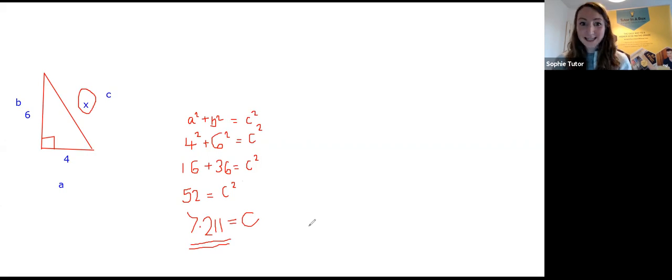That's the first step with Pythagoras in learning how to use your A, B and C's. We're now going to look at what happens if you have them in a slightly different order. So maybe you're given C and you want to work out A or B. What do you do then? Let's take a look.